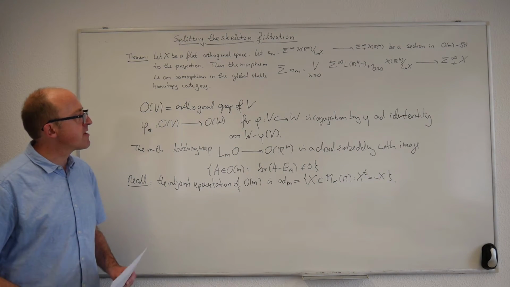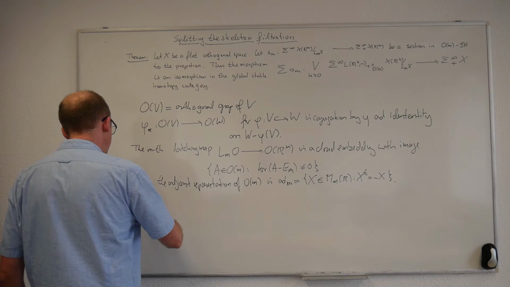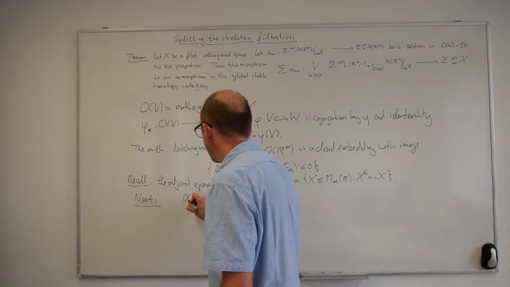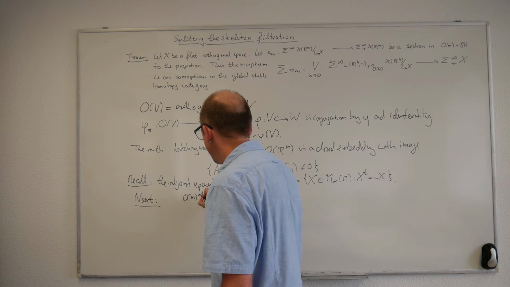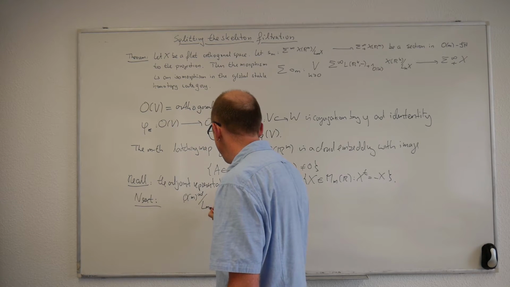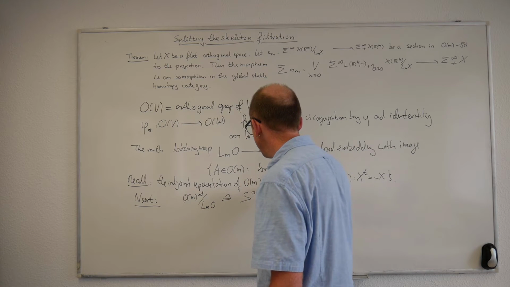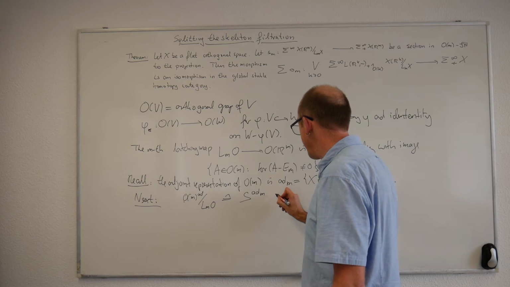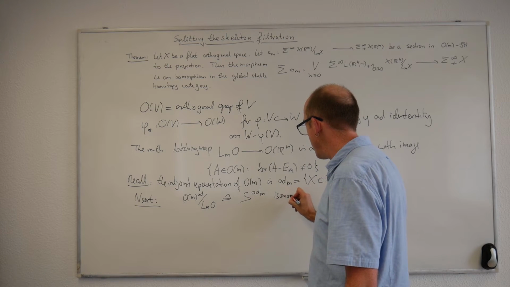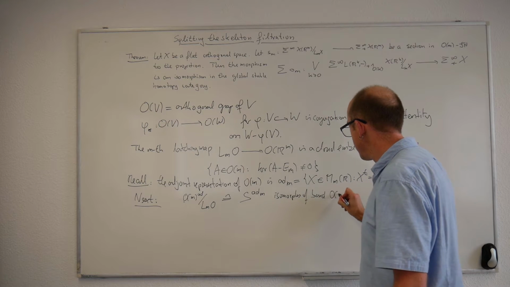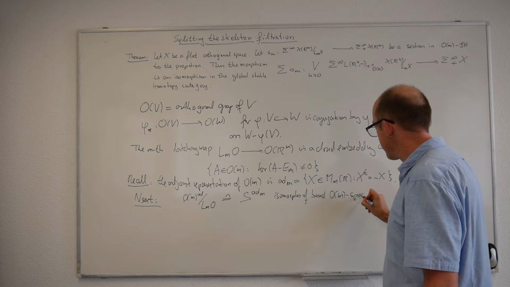And now the next aim is to give an isomorphism of based OM spaces between O_m modulo L_m of O with a one-point compactification of a_m. This is an isomorphism, homeomorphism of based OM spaces.